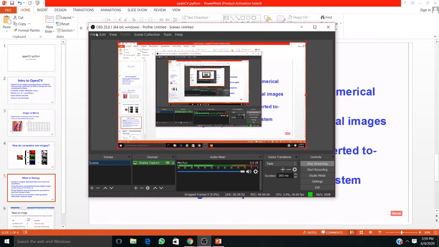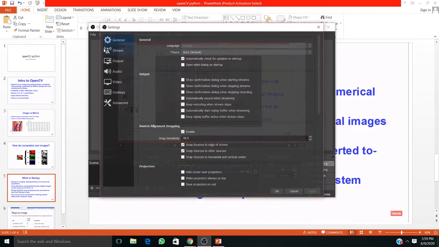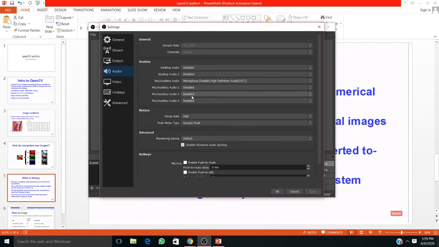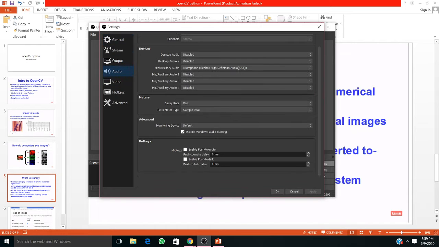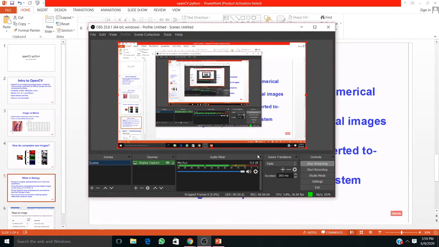I don't know what's happening. I think there is a problem with the software or the mic. No, I don't think so. It's mostly the audio setting that I need to check. Everything has been set to default. So no issue. Let's see if there is any problem, then we will move forward and do everything together.